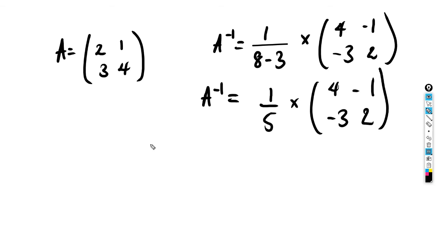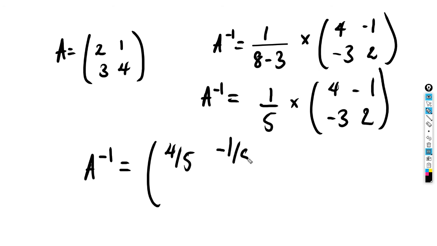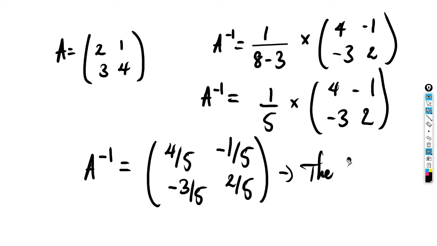Okay, so we're going to multiply the stuff in the brackets by the 1 over 5. This is a scalar multiplication. So we're going to get 4 over 5, negative 1 over 5, then negative 3 over 5 and 2 over 5. And this is the inverse.